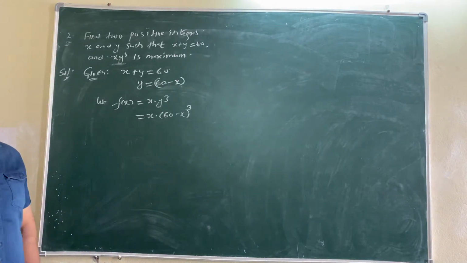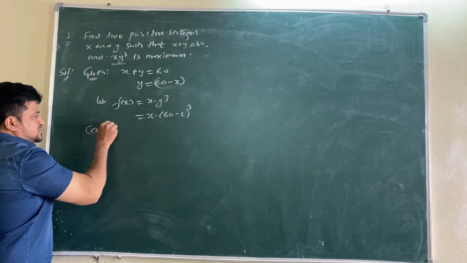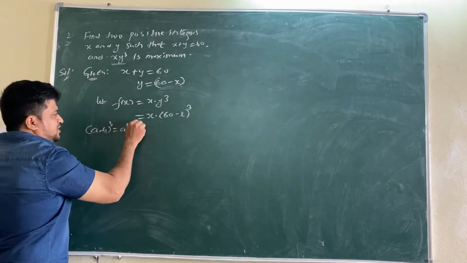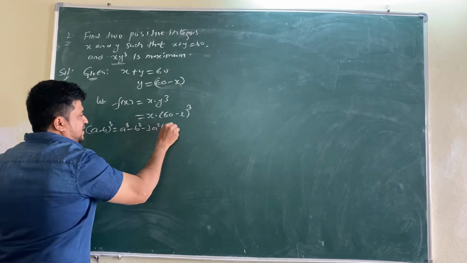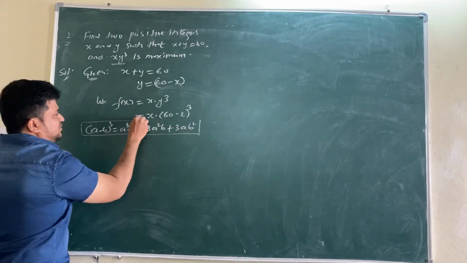Now the expansion of a minus b whole cube you should know. A minus b whole cube equals a cube minus b cube minus 3a square b plus 3a b square. This is the formula for a minus b whole cube.